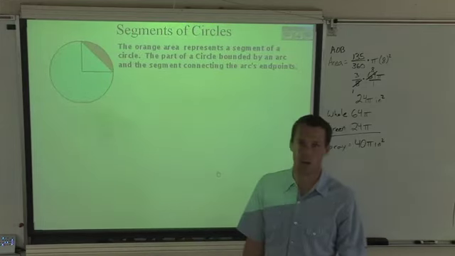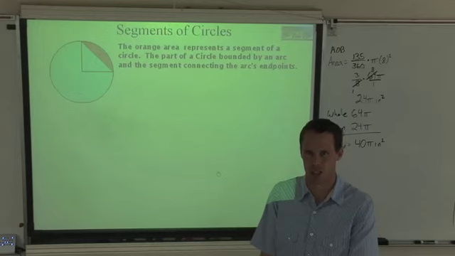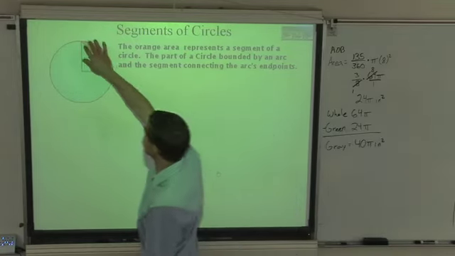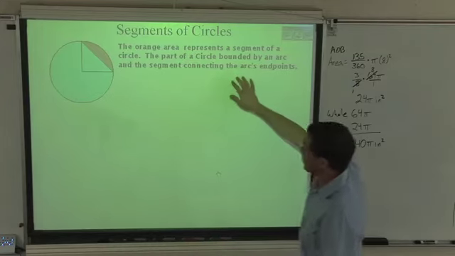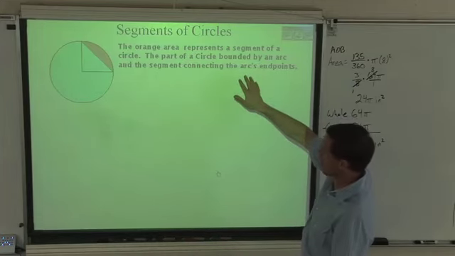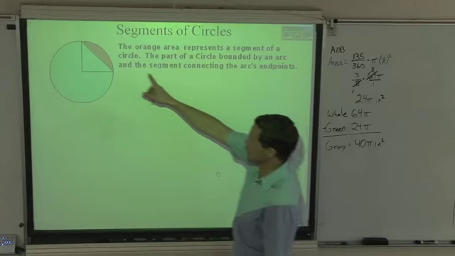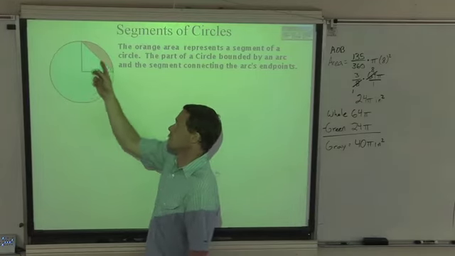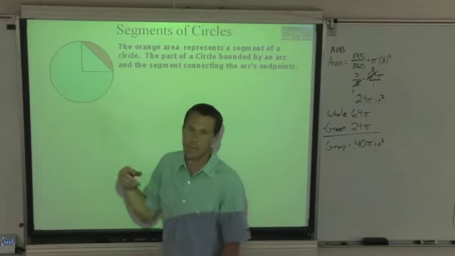Okay, so now we're going to look at what's called a segment of a circle. Now a segment of a circle is this orange part right here. It represents the part of a circle bound by an arc and the segment that connects the two arc's endpoints. So here's the arc, and here's a straight line connecting them.